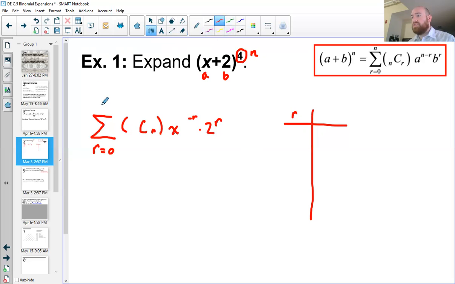So we have the sum from r equals 0 to 4 of 4 choose r times x to the power of 4 minus r times 2 to the power of r. So we can make a table here. So our numbers for the table, 0, 1, 2, 3, 4.